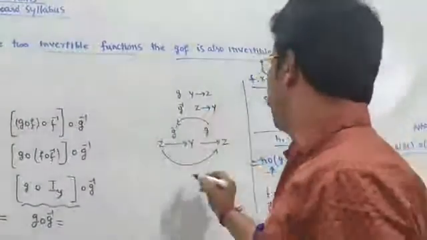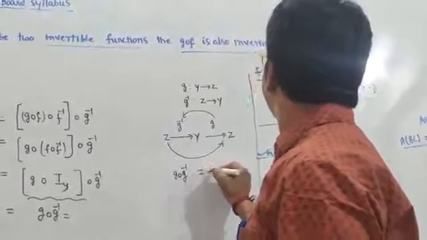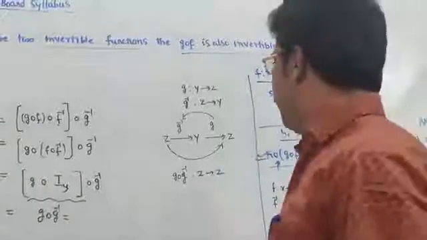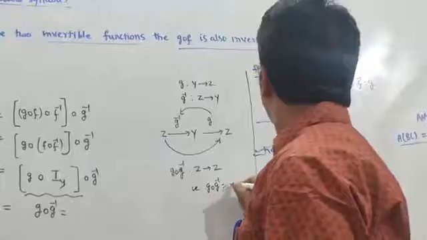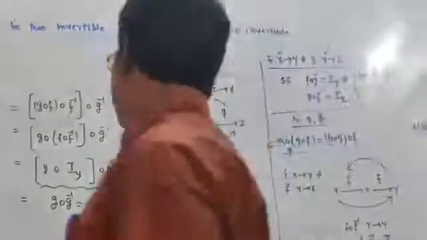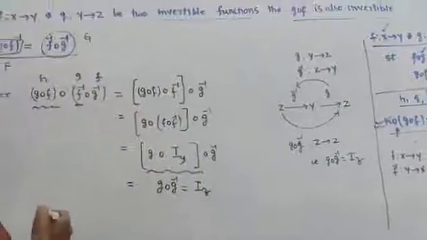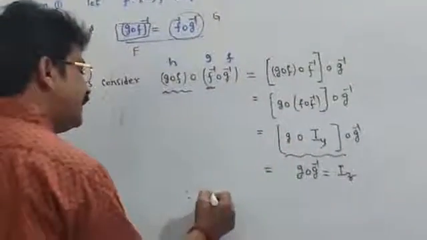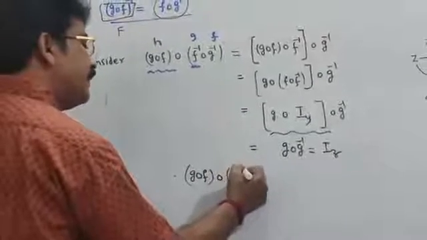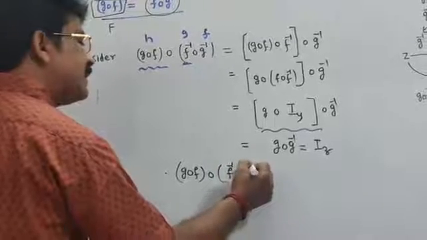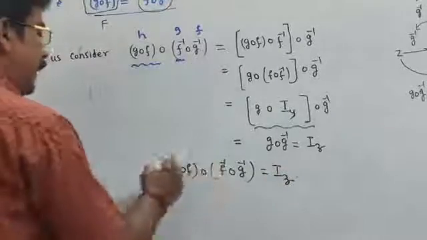So g circle g inverse is Z to Z. So simply g circle g inverse equals I_Z. Therefore g circle f circle f inverse circle g inverse equals I_Z.